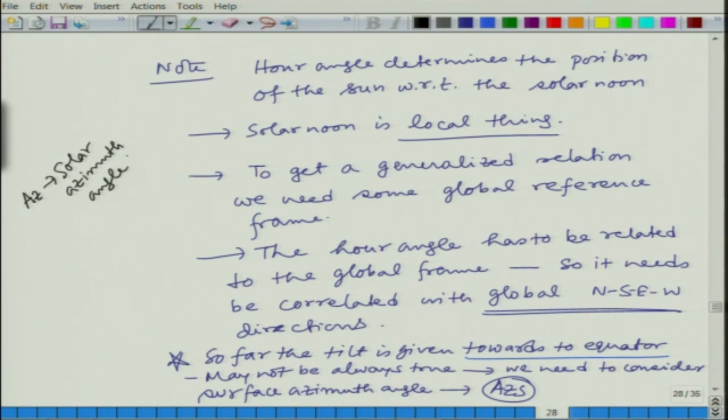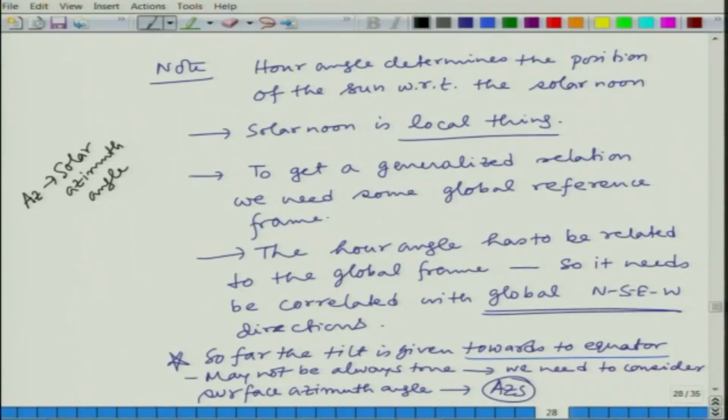So, please do not get confused between these two. AZ means solar azimuth angle and AZS means surface azimuth angle. Okay. And both of them contain S, solar also contains S and surface also contains S. So, that is why it is important to remember what we mean exactly by AZ or AZS.